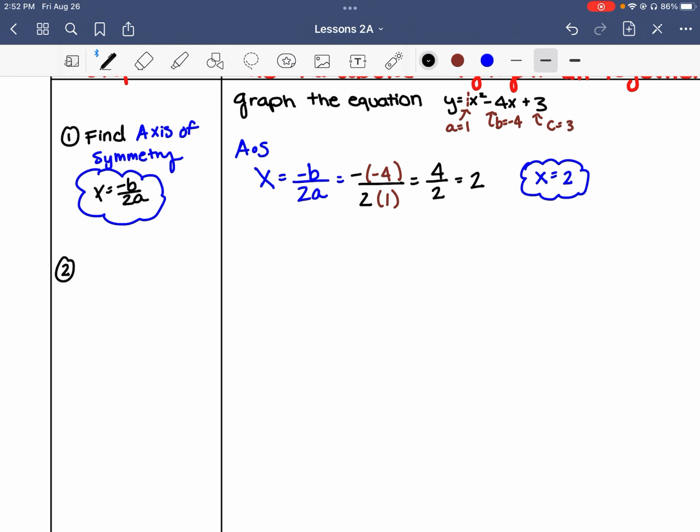Step 2, I'm going to calculate the vertex by plugging in the axis of symmetry into our equation.